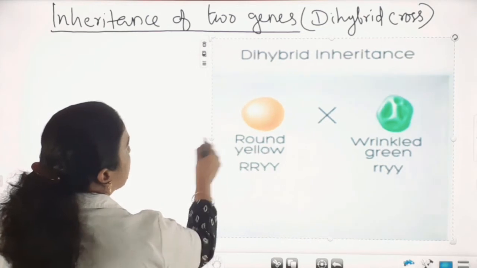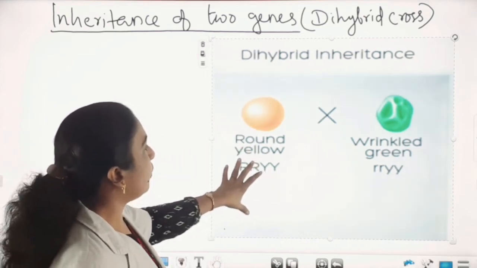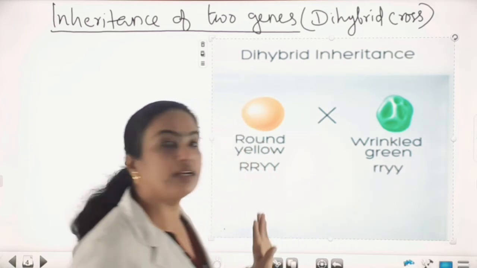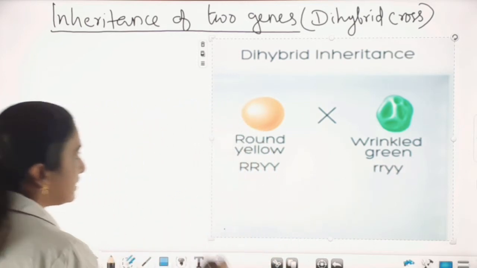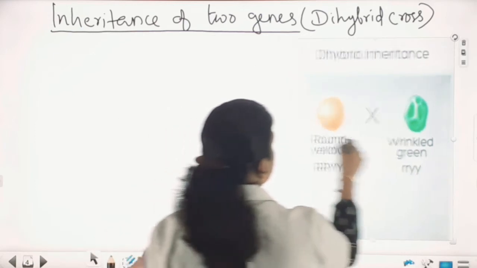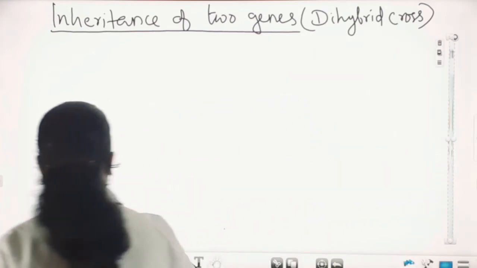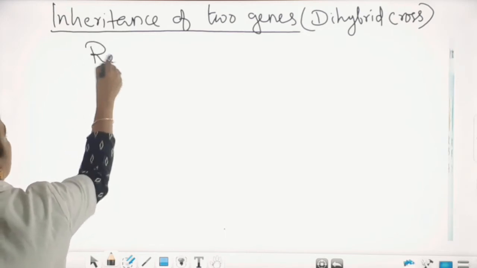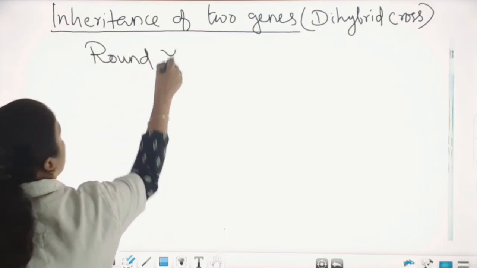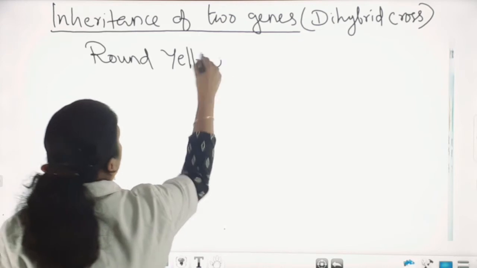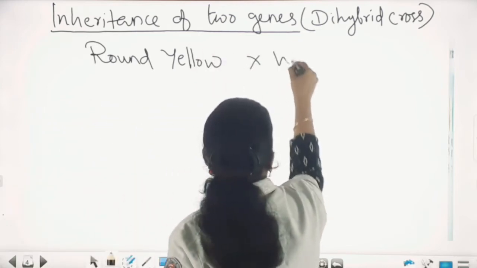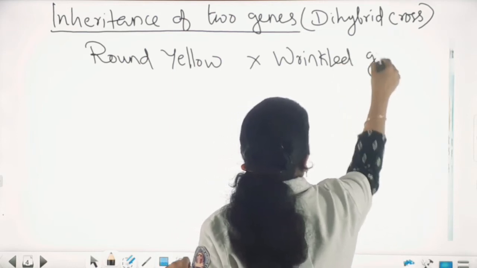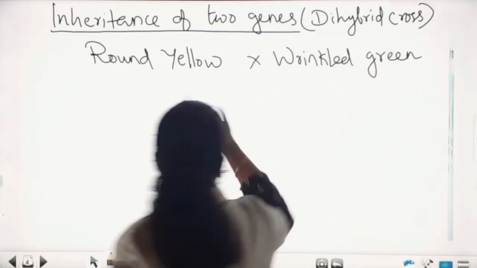So here we can see the round yellow seed crossed with the wrinkled green. The phenotype is round yellow and it is crossed with a wrinkled green. This is the phenotype.